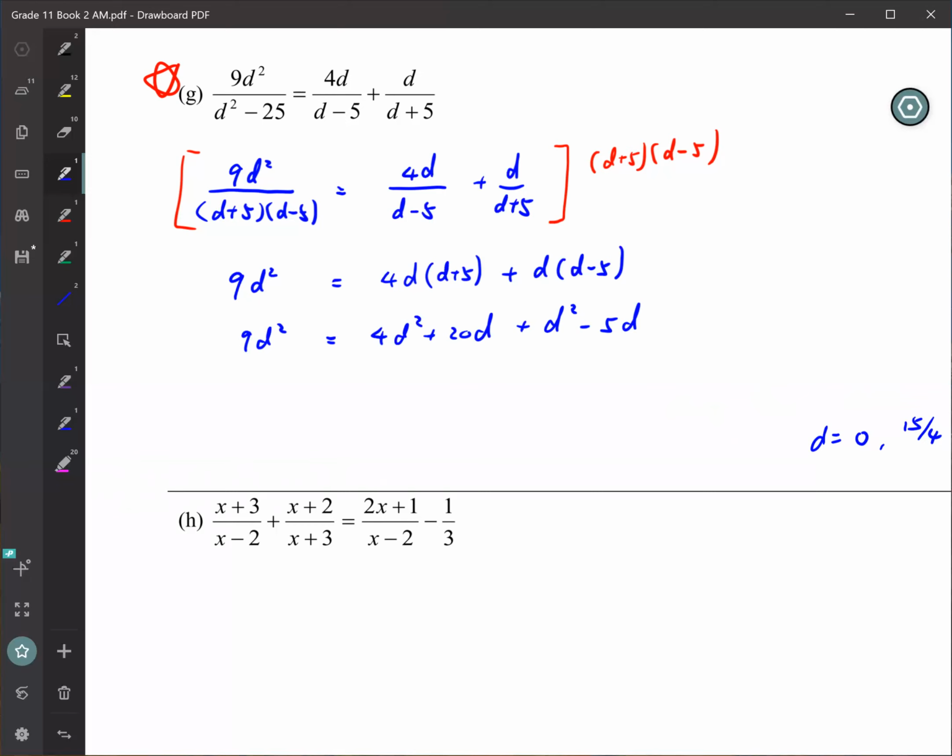And then let's move all. So this one is a quadratic, right? Quadratic equation. We'll move everything to the left side. So that should give you what? That's 5d, 4d. And then minus 15d equals 0. Okay, let's bring the 0 over.